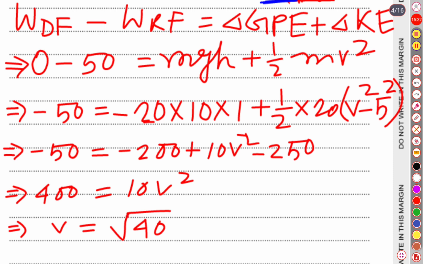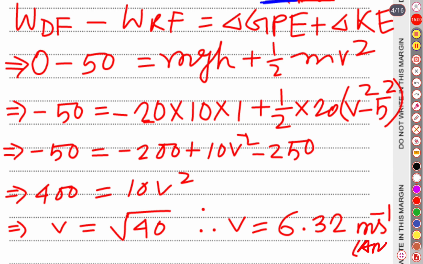And we know the square root of 40 is 6.3 something. If we round it to three significant figures, it is 6.32 meters per second. That's all about the final answer.